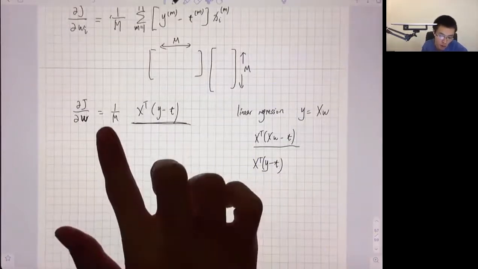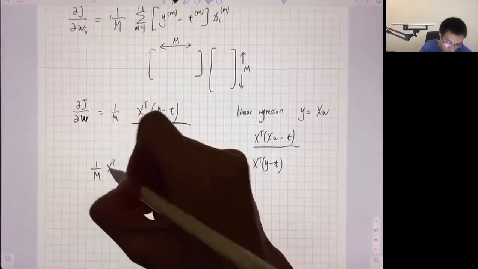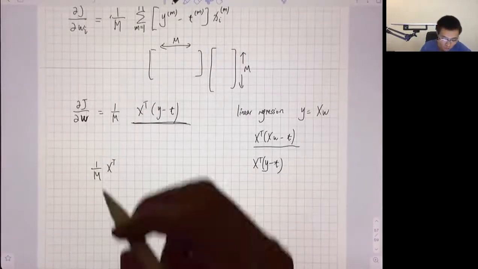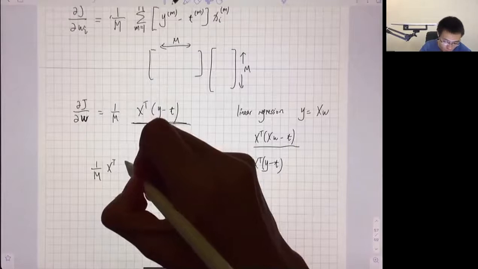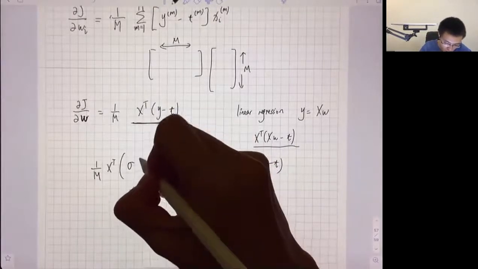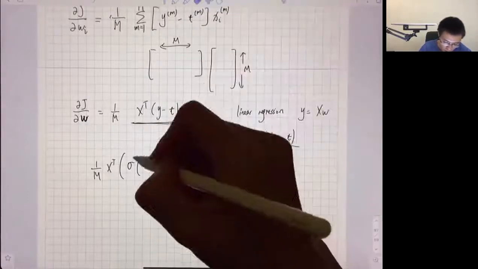Okay, is there any closed form solution for that? So I'm just going to write out, what is my y? Y is the sigmoid function. And what is the sigmoid function?